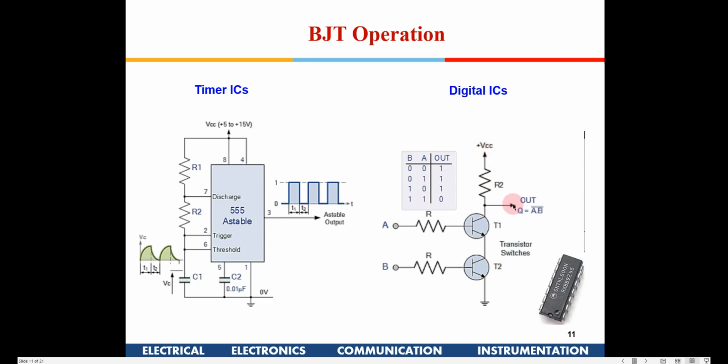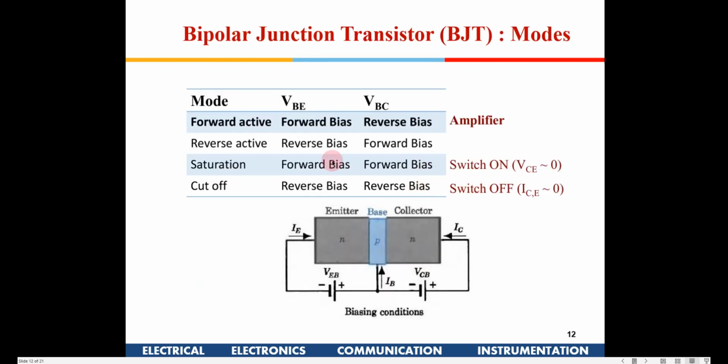So output available will be VCC, that is logical one. If both the transistors are on, then you will have current flowing from VCC through this R, through these transistors. So all the voltage which is available, VCC, will get dropped as IR drop across the resistance R2, and there will be 0 volt. So you can use BJTs to make digital ICs also, right?